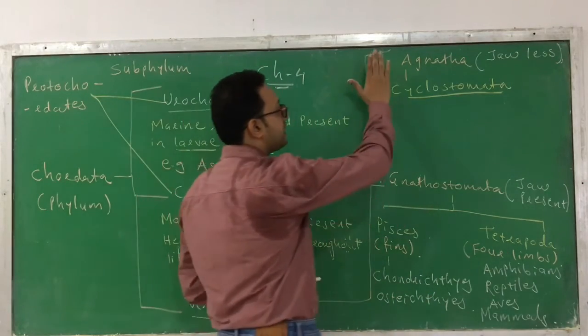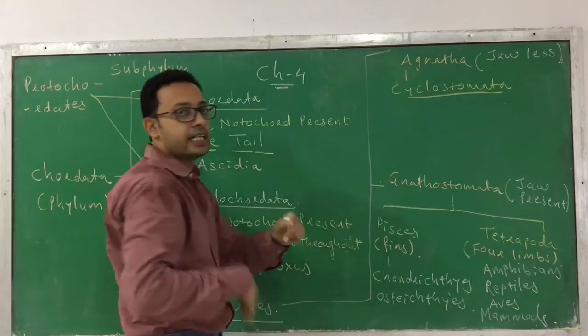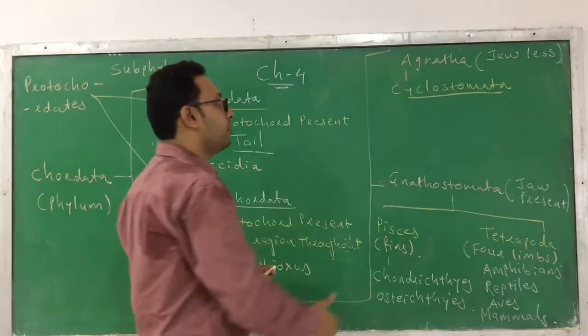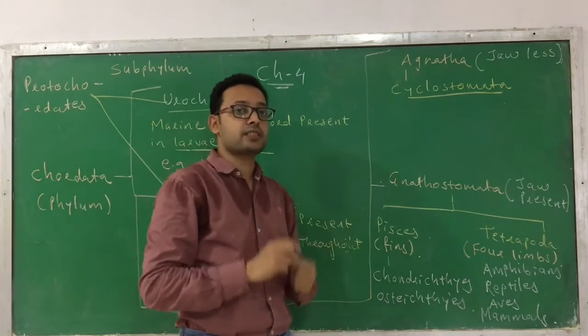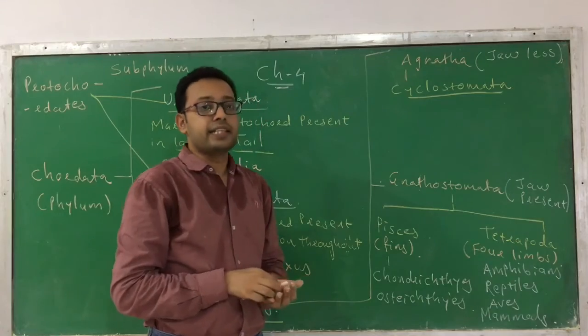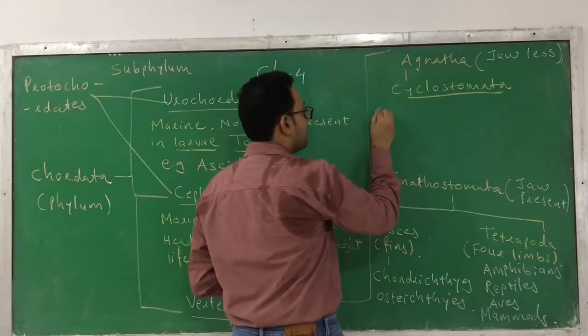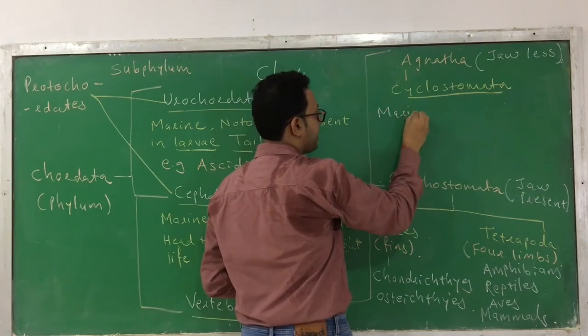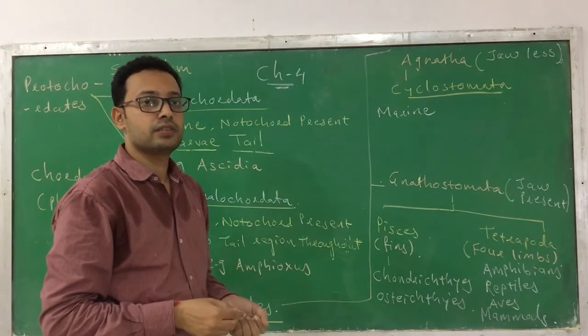First of all, today we will start with Agnatha. We will discuss Gnathostomata in the next session. As you know, they are jawless and it is divided into Cyclostomata. Now what are its characteristics? The most important characteristic is that they are marine, meaning they can be found in sea water.